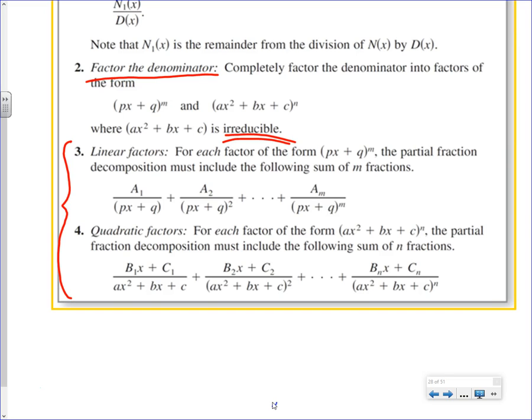Compositions. Compositions of functions. Remember we were given something super, super nasty, like the square root of 1 plus sine squared of 1 over 3x plus 2.